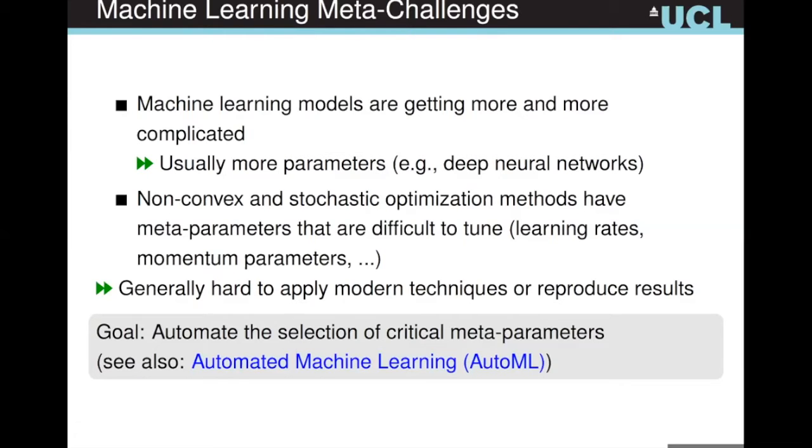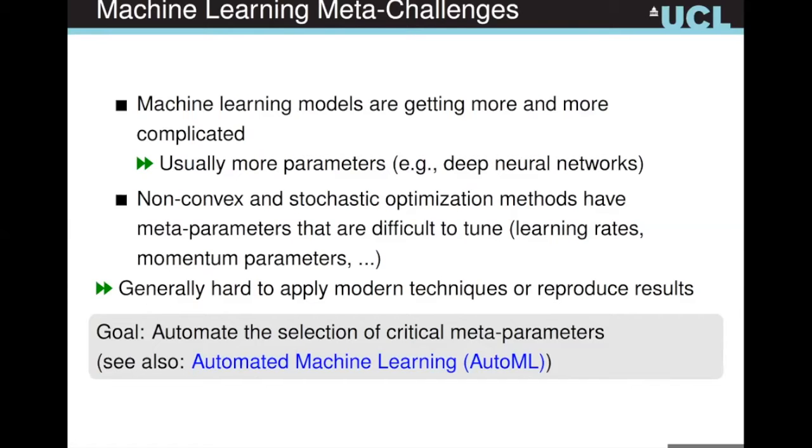One of the challenges that we have in machine learning is that because everything is very complicated, it is also very difficult to reproduce results that other people have reported using modern machine learning techniques.